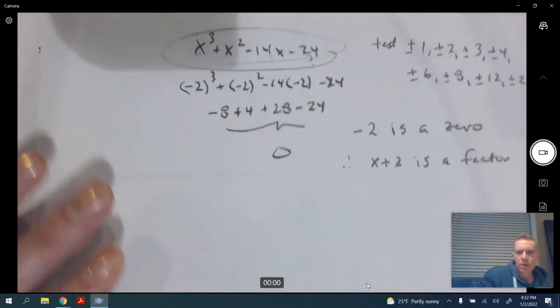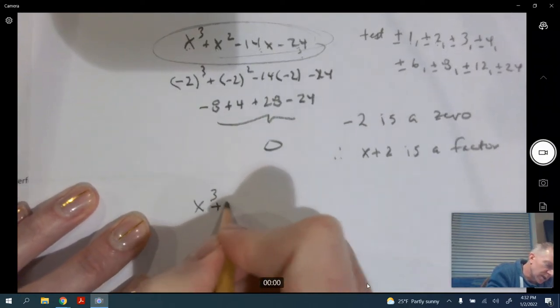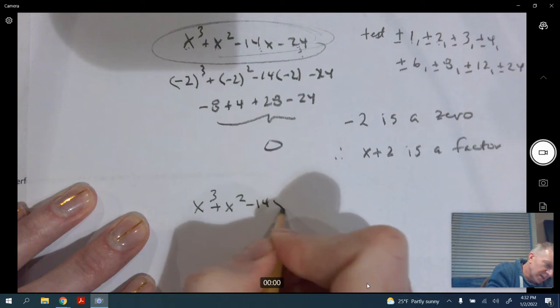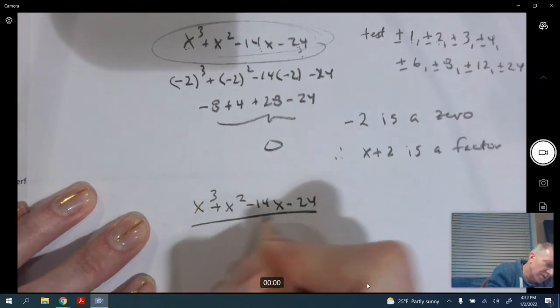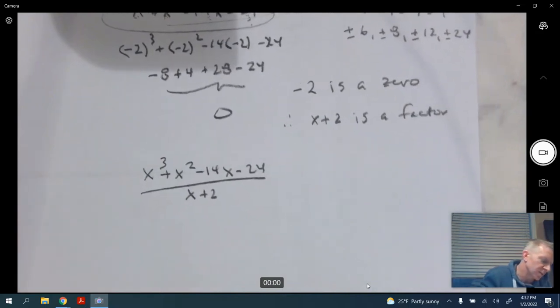Okay, so what we're going to do is take x cubed plus x squared minus 14x minus 24 and divide by x plus 2. Just a reminder how to do that with synthetic division.